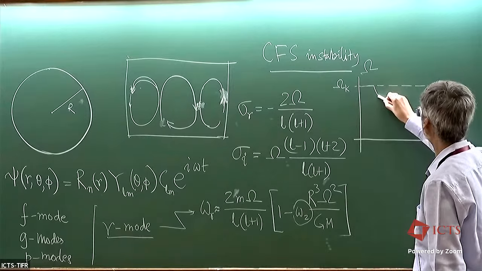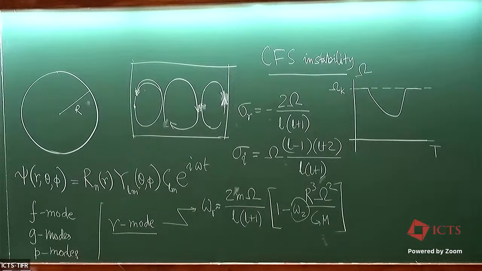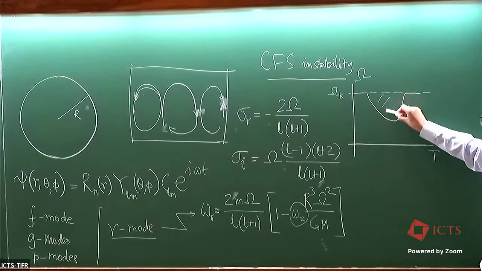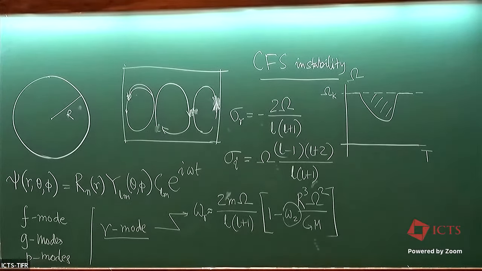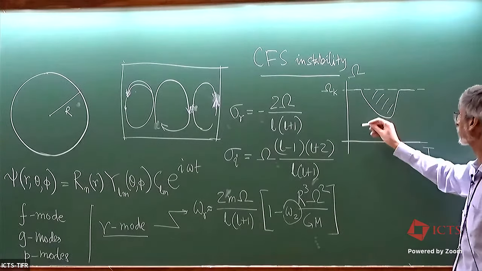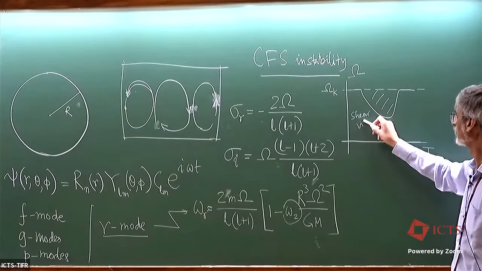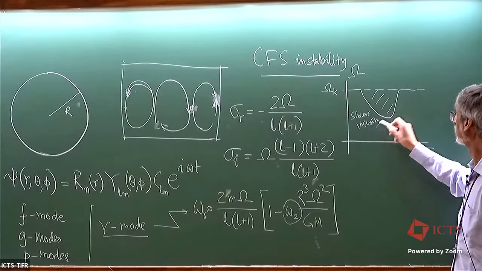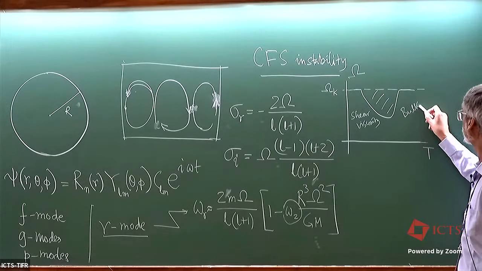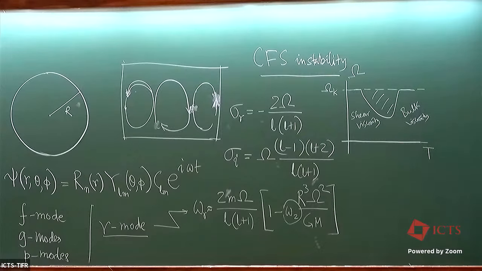So you typically have a region like that, within which r-mode instability is possible. Below this, it is damped because of viscosity. You have shear viscosity over here, bulk viscosity on this side, which are responsible for damping out the oscillations.